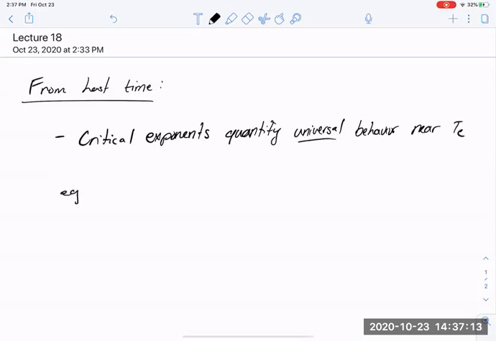For example, we've introduced a few. If I was to look at the density of a liquid relative to its critical density near the critical temperature, I would find a power law behavior with an exponent beta, which turns out to be quantitatively close to 0.32.